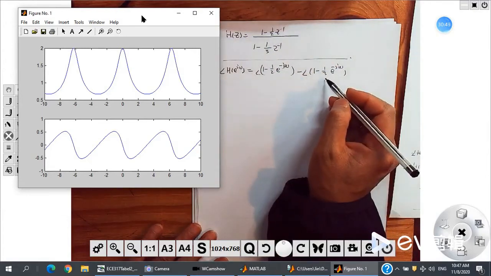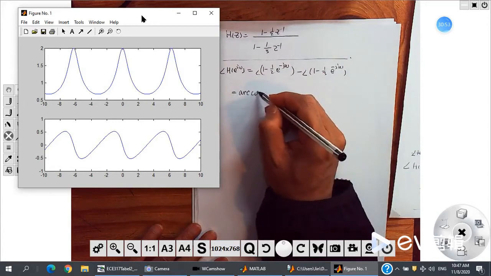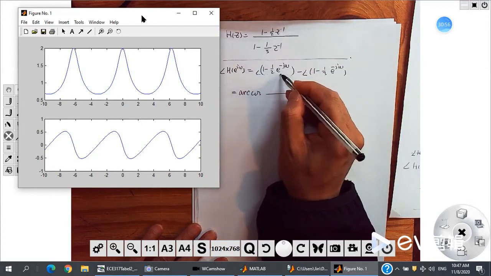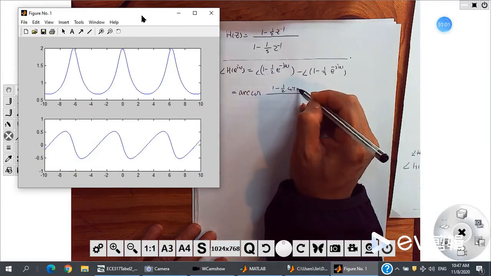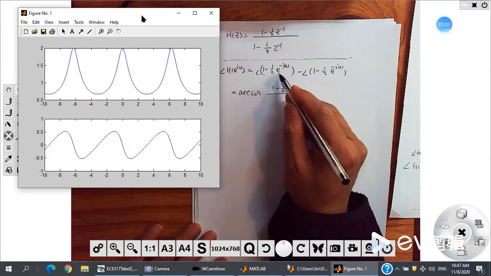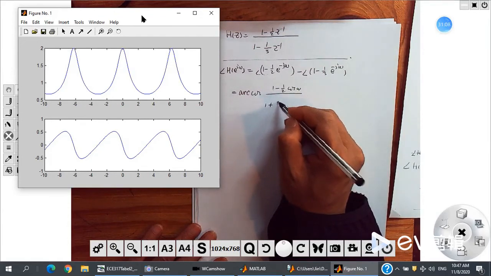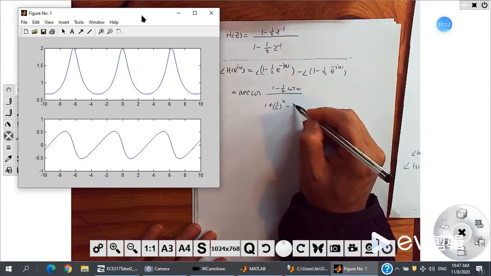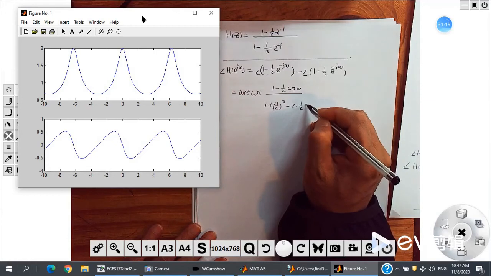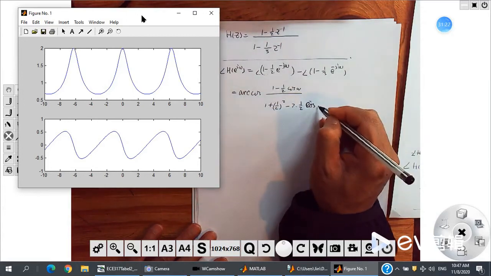Then this one is the same, arc cosine of the real part of these. There will be 1 minus 1/2 cosine omega, and then the magnitude of these will be the square root of 1 plus 1/2 squared, minus 2 times 1/2 cosine omega.